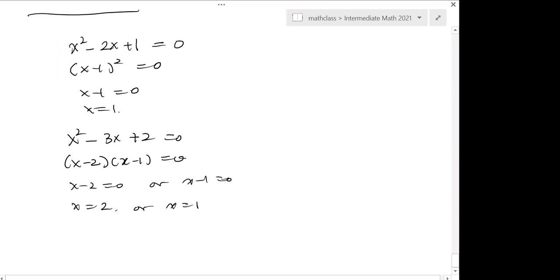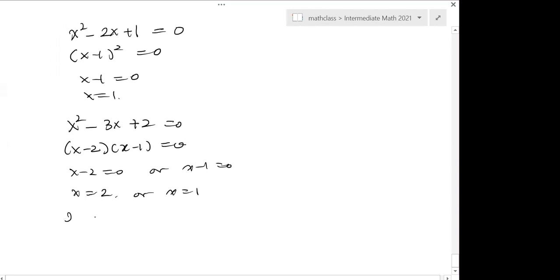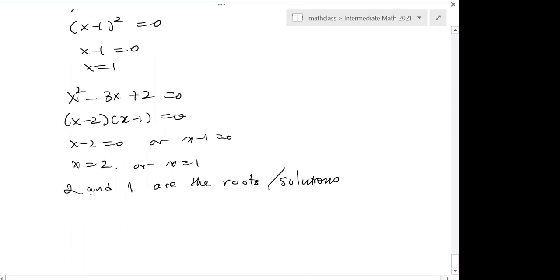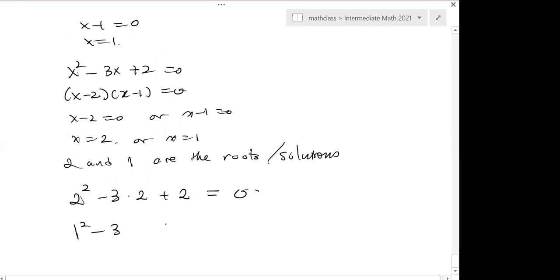So 2 and 1 are the roots, also called the solutions. If you plug 2 in for x, you get 0, because 4 minus 6 plus 2 is 0. If you plug 1 in for x, you also get 0. So those are the solutions.